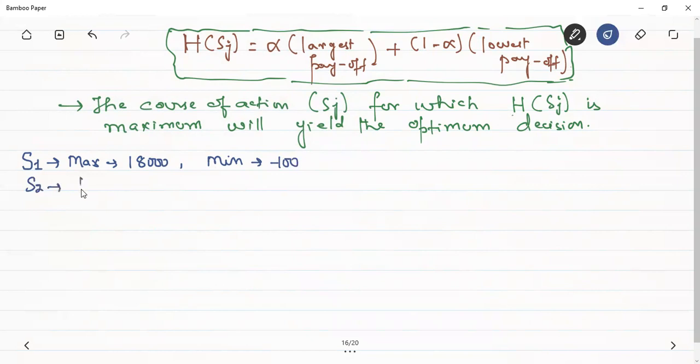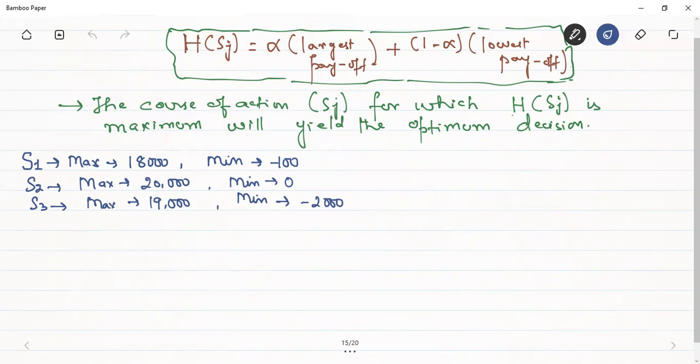For the second strategy or course of action, the maximum value was 20,000 and the minimum payoff was 0. For the third strategy, the maximum value was 19,000 and the minimum value was minus 2,000.